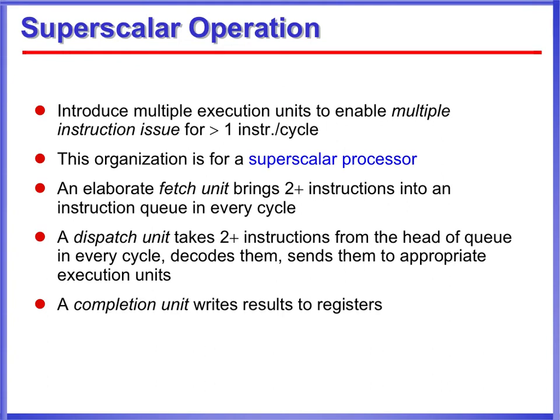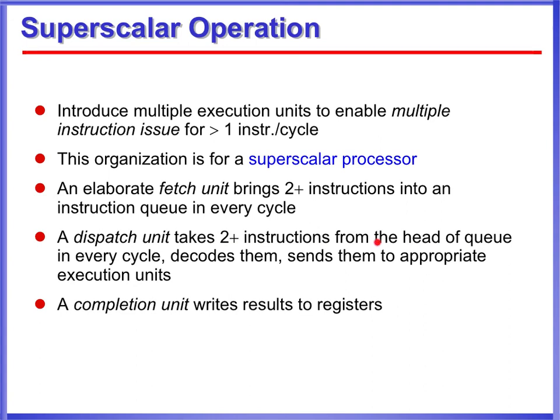I'll show you a block diagram in a second. It has a fetch unit, which instead of fetching one instruction at a time, will fetch 2 at a time, or maybe 3 or 4 at a time. Then we have a dispatch unit, which we haven't had so far because we haven't had the need for it.